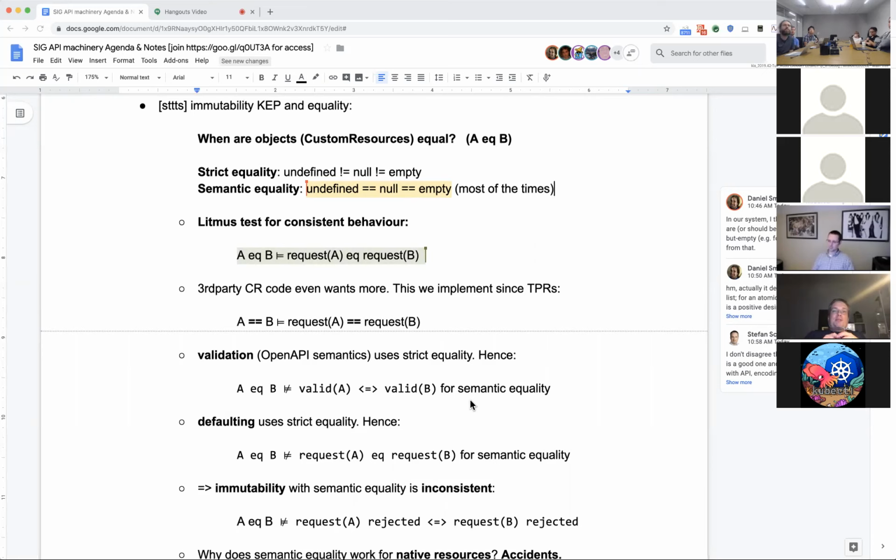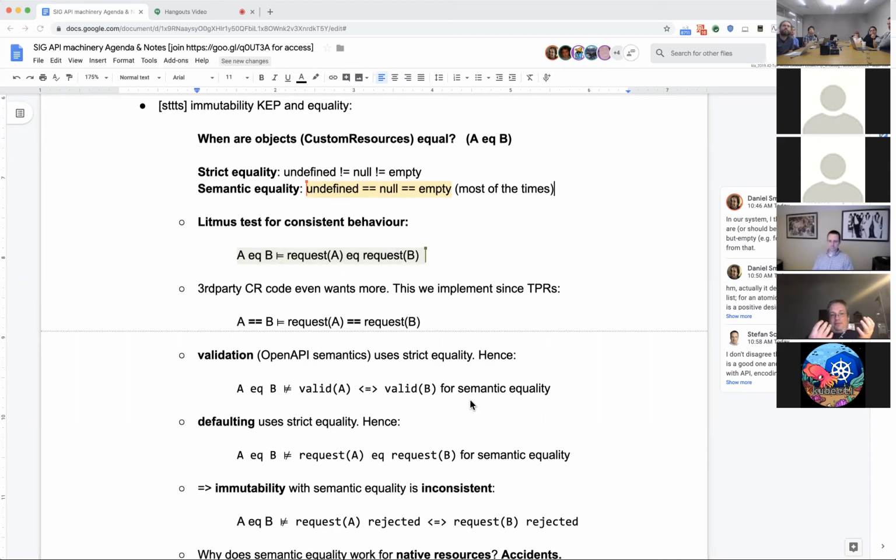But according to this weak equality, they are the same. So when you start with that, so that's what I call A equal B, this EQ. I expect that when I send those two objects to the server with the same request, the same thing happens. The response is the same, again, according to the equality we define, but also the same thing is persisted.